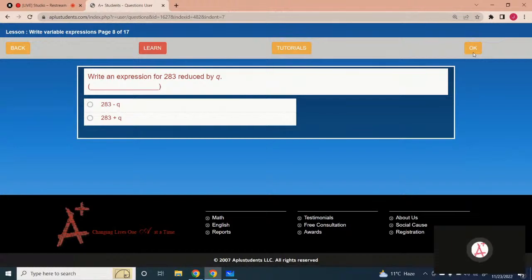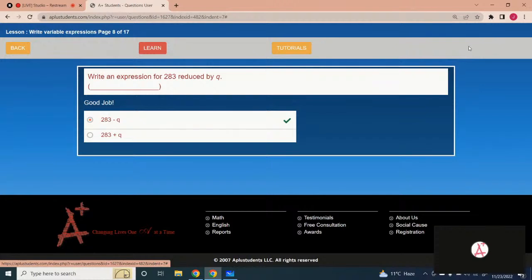Reduced means you have to subtract. It would be 283 minus q. Just select the correct option, then click on the OK button.